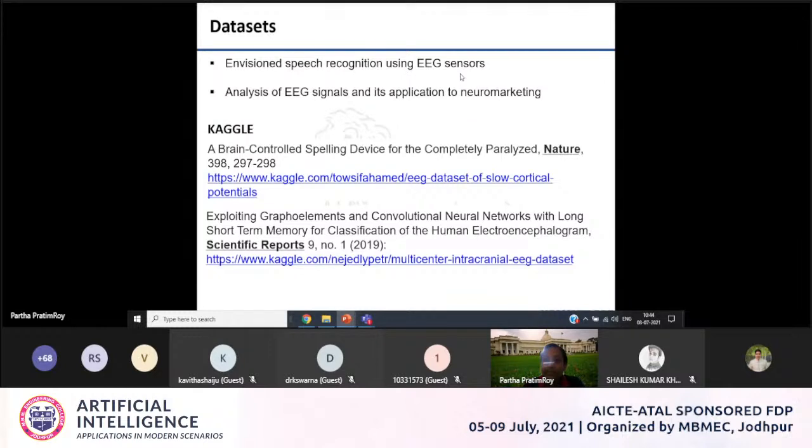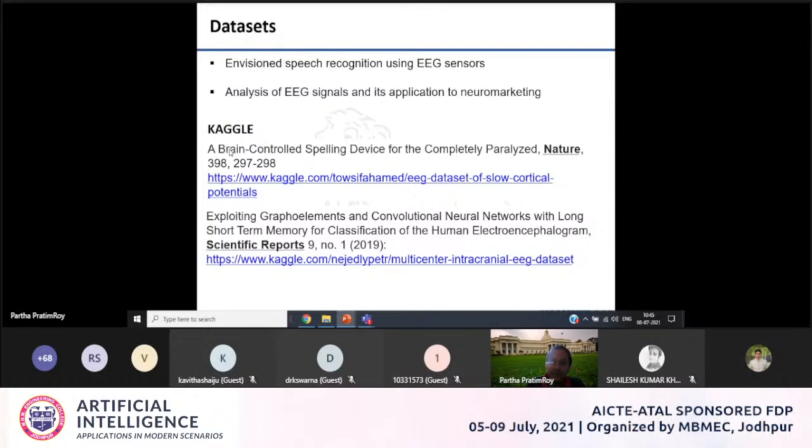For example, I am imagining one of 30 objects, like characters A, B, C, D, or numbers 1, 2, 3, 4, or real-life objects like animals and cars. We considered a total of 30 objects in our experiments and recorded the EEG signals corresponding to those objects. The objective is, from those EEG signals, to identify what object was imagined. We call this envisioned speech recognition.